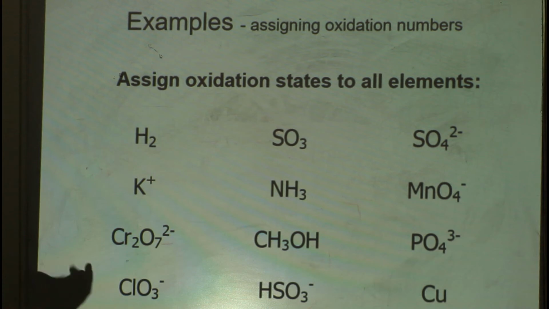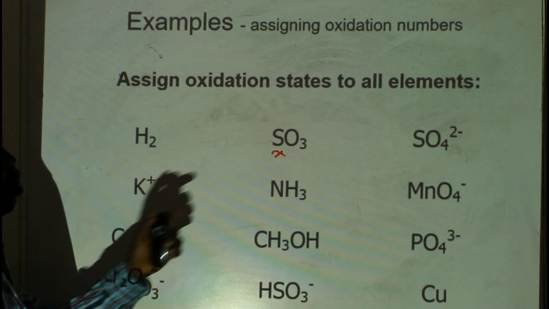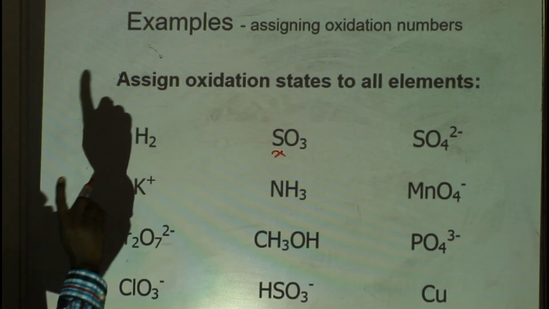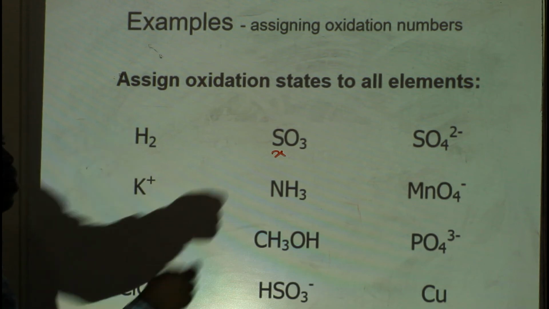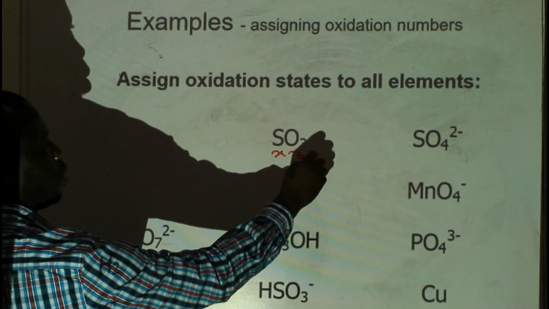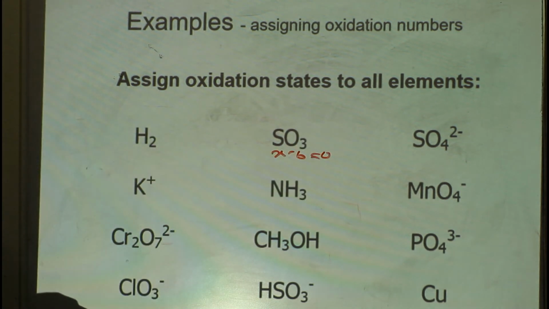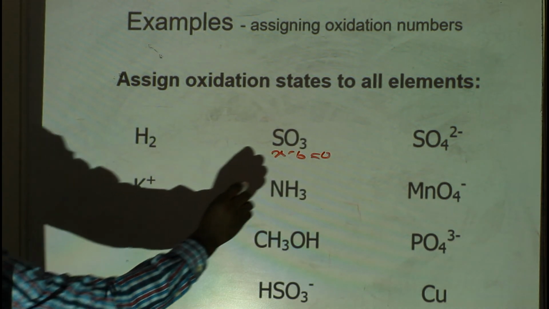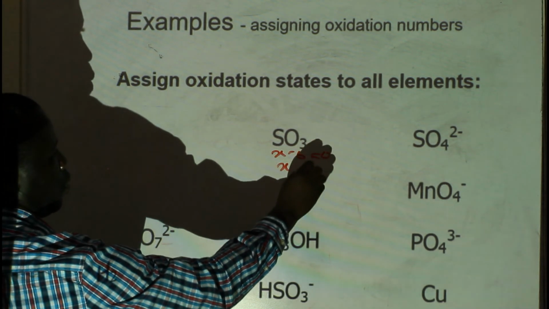For example, let's assume this is X. Oxygen is -2, but they are 3 in number. So 3 times -2 gives us -6. Total, there's no charge here, so it is 0. So it means that our X, in other words, S is +6.